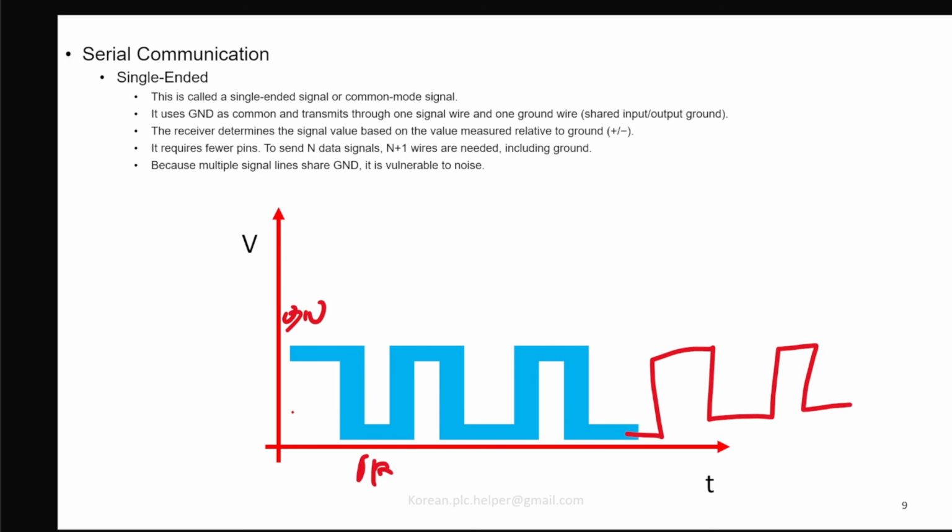Here. A problem occurs if the noise causes the voltage to cross the receiver decision threshold. The receiver cannot directly determine whether the voltage change was caused by noise or by actual data. As a result, it may interpret the data incorrectly or malfunction.